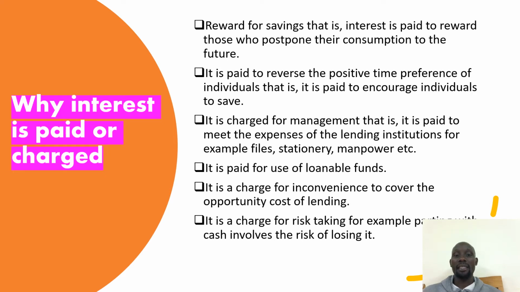So when it lends it out, then it will be foregoing other things that it would invest in the money. So in that case, it charges an interest as a compensation for the opportunity cost foregone when they lend it out. And interest is also charged for risk taking.